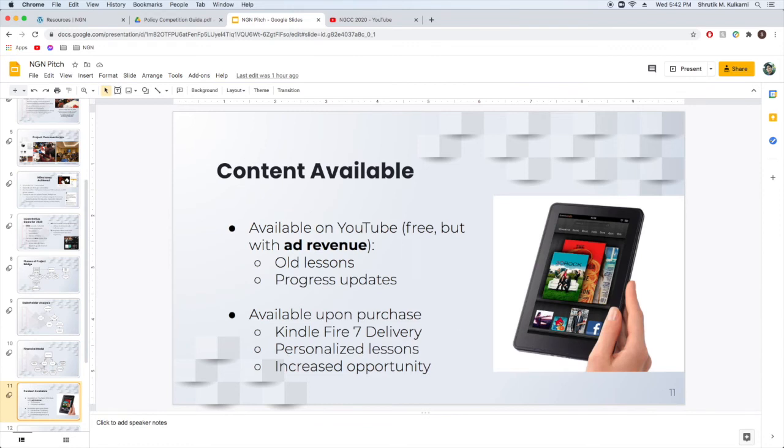Content available, this just goes further into detail on the financial model, which is once again something that you are going to want to include. This discusses how exactly you're going to make money and what exactly you're going to give away. And essentially, it shows the investors that you have a more clear idea of where this revenue is going to come from and how you're going to pay them back, if you do plan on paying them back.